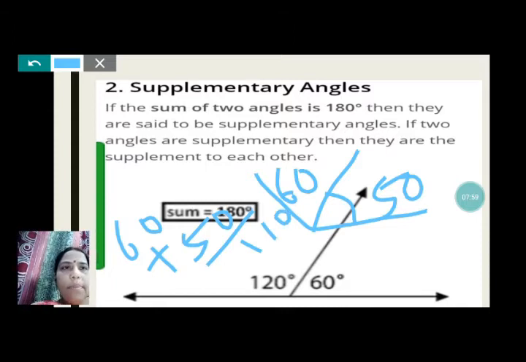Is this a supplementary angle? No, this is not a supplementary angle. Why? Because when added, they do not make 180 degrees, or a straight angle. So they are not supplementary angles.